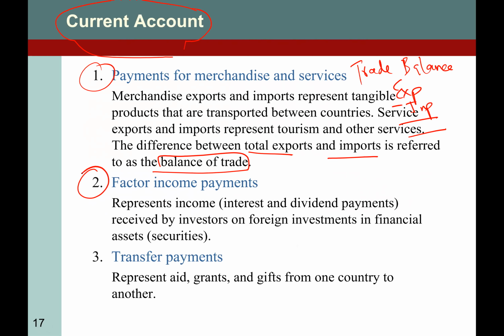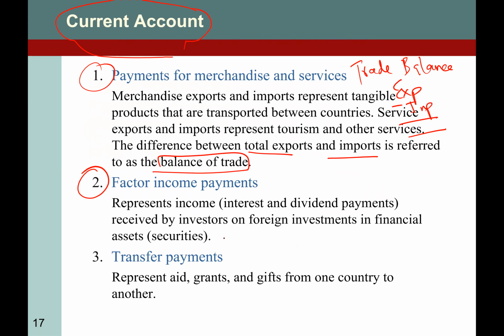Second one is factor income payments. It represents interest or dividend payments received by investors on foreign investment in financial assets. For example, people of a country bought bonds or interest bearing securities, or have invested their money with the US banks.